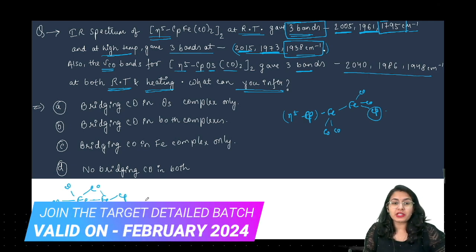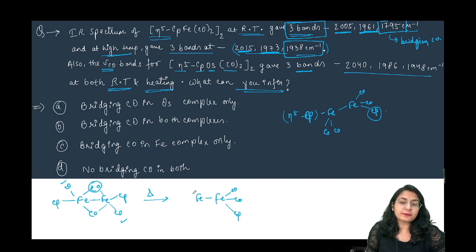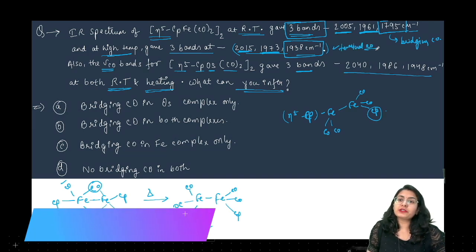If they are bridging, they are going to have a different, lower value as compared to the terminal ones, the value of a bridging carbonyl. When you heat this, the bridge bonds are going to open up and become free. Let's say the molecule now is like this, where all of the carbonyls are converted to terminal carbonyls. All of these are terminal carbonyls now.